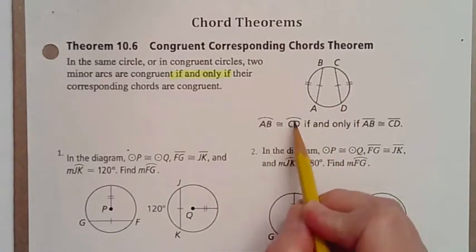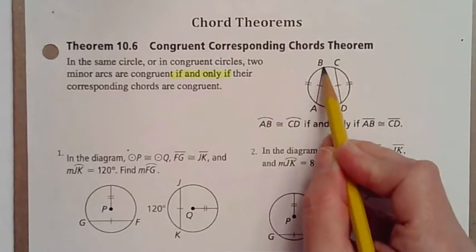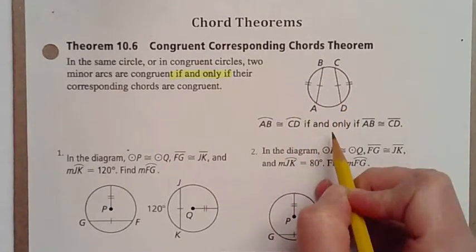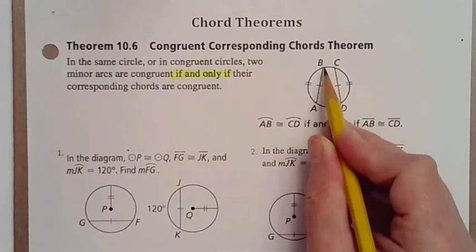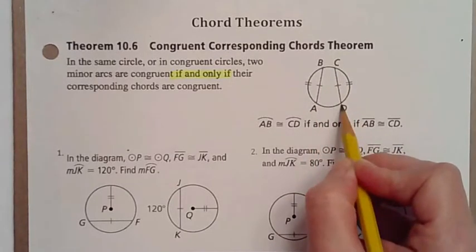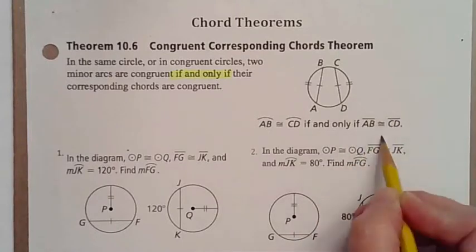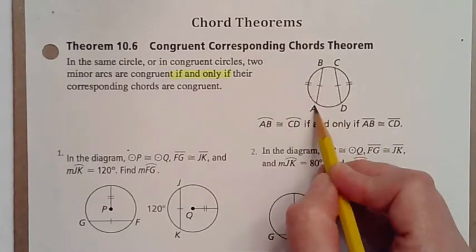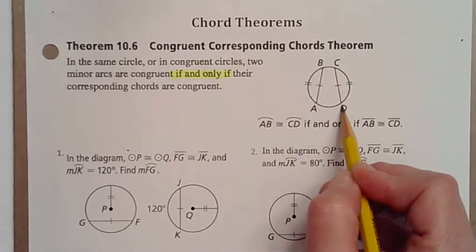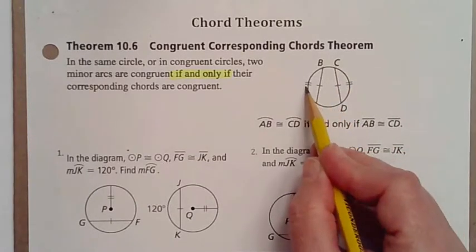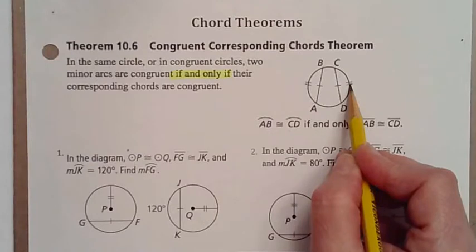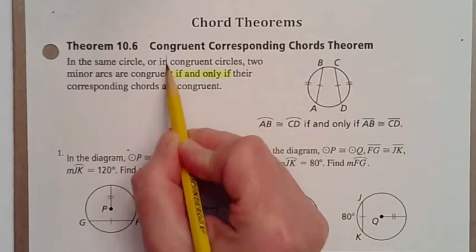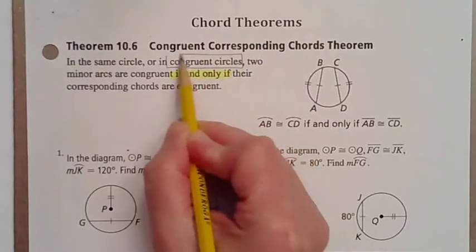If the arcs are congruent, so here I have these 2 arcs marked congruent, then that tells us that the chords are congruent. We can read that backwards. And we could say, well, we know that if the chords are congruent, then that means that the arcs are congruent. And this works within one circle or in congruent circles.